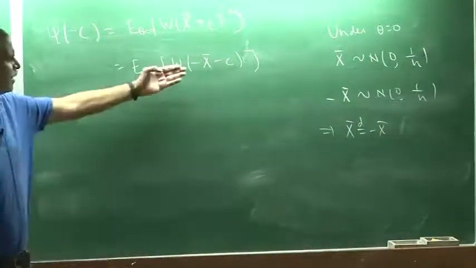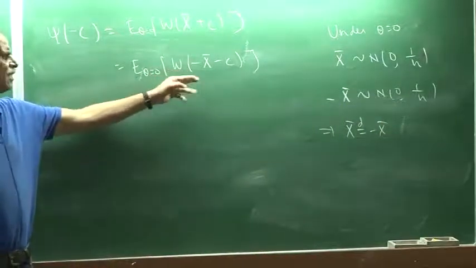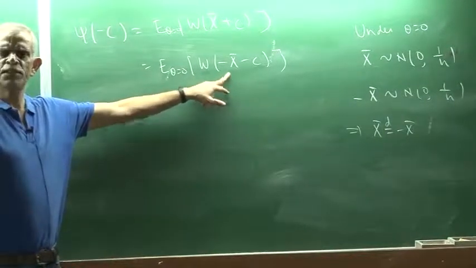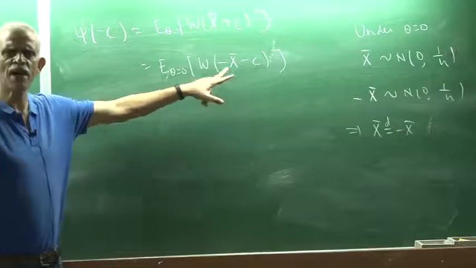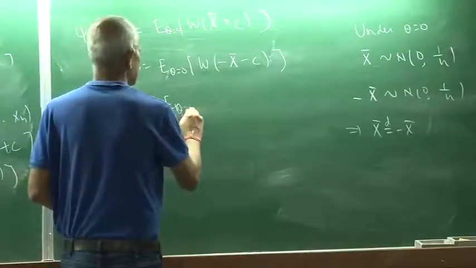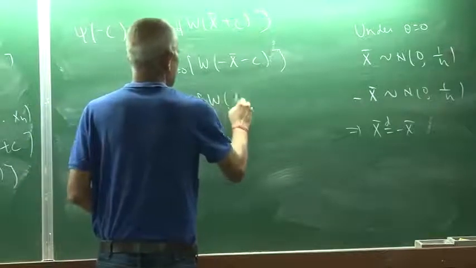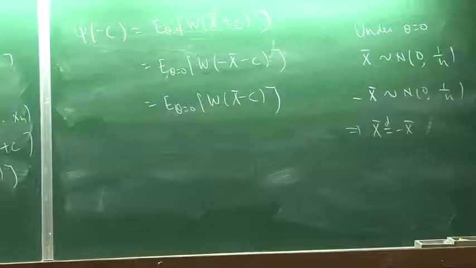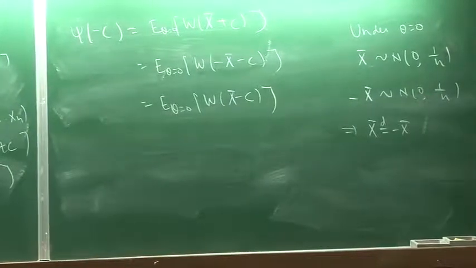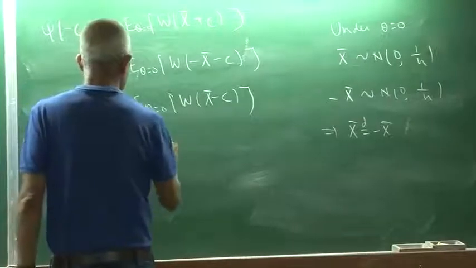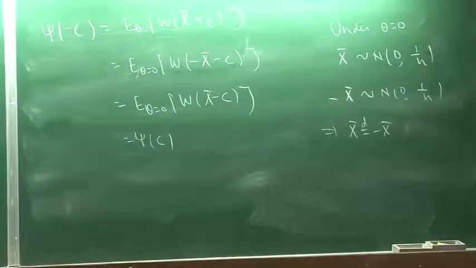And when I am taking expectation over here, it is only the distribution of minus x bar which matters. But the distribution of minus x bar is the same as that of x bar under theta equal to 0, so I can replace this by E theta equal to 0 of W of x bar minus c, which by definition is the same as psi of c. So psi of c is the same as psi of minus c for every c.